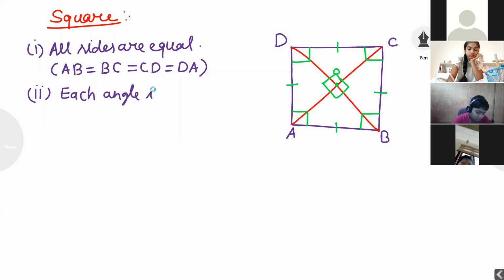Each angle is right angle. I can say angle A is equal to angle B is equal to angle C is equal to angle D is equal to 90 degree.